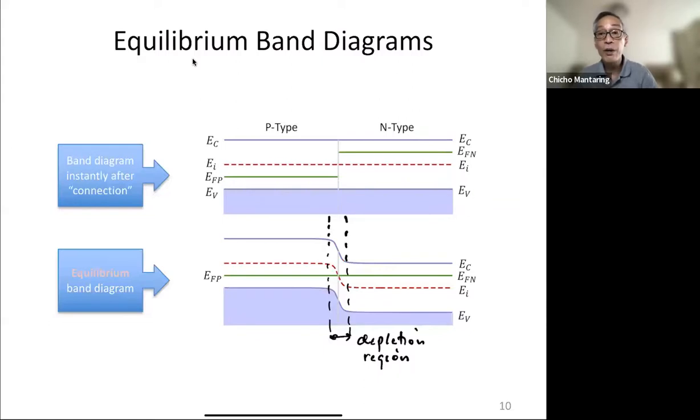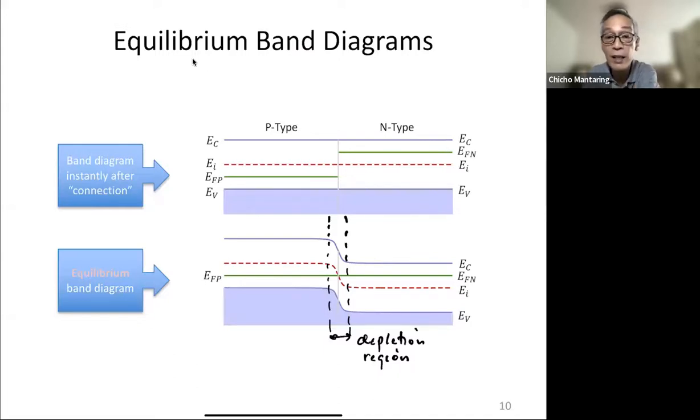So what actually happened was, this part got pulled down so that our Fermi energy level becomes a single value, which is a condition for equilibrium for any solid.